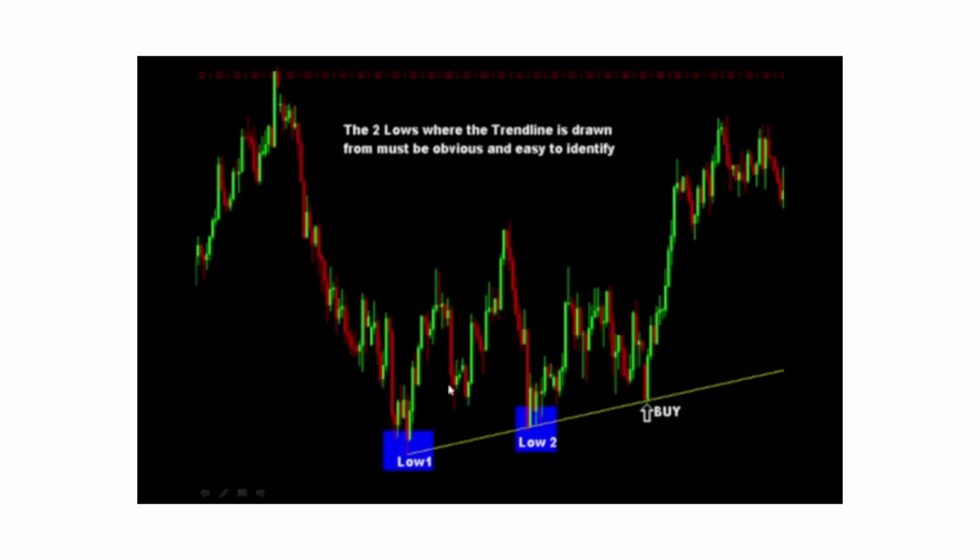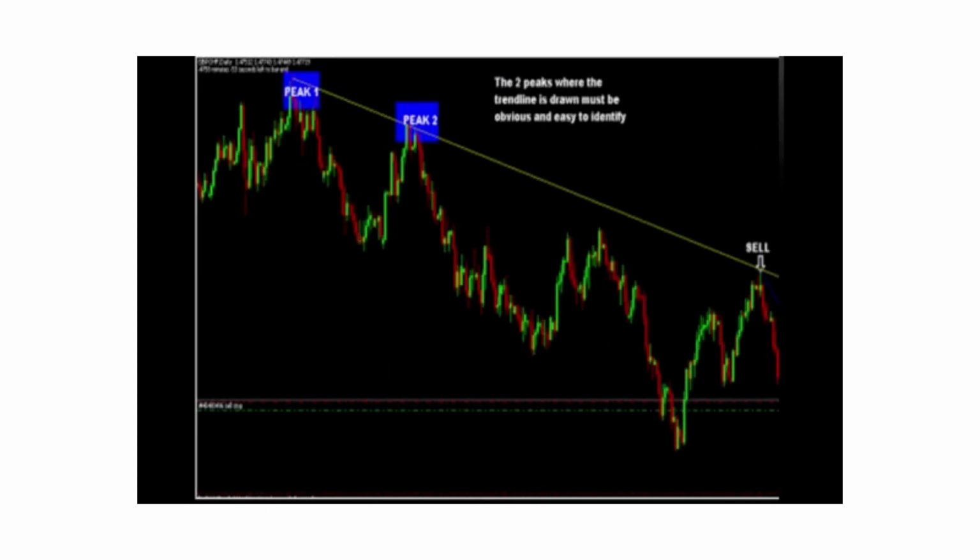So if we are to actually identify or define what happened here, I think these should be identified as bottoms. Okay, but then we've done the trend line scale up, so as to make it easy for us to get the exact entry points we needed to make good trading decisions.